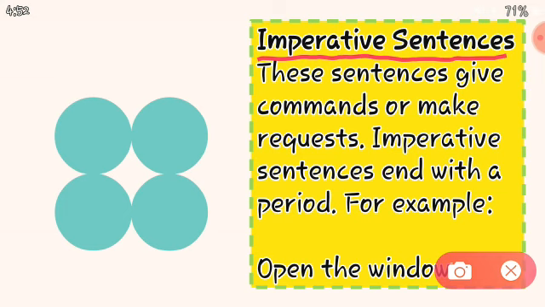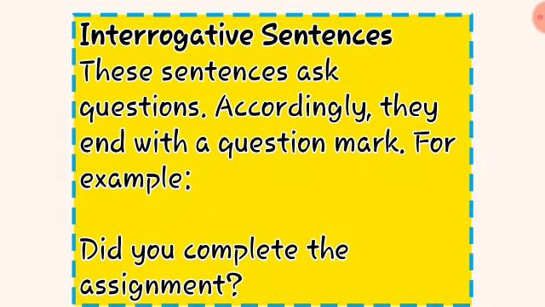Imperative sentences end with a full stop or a period. For example, open the window. In this example, the sentence starts with the word open and the subject you is hidden in this sentence.